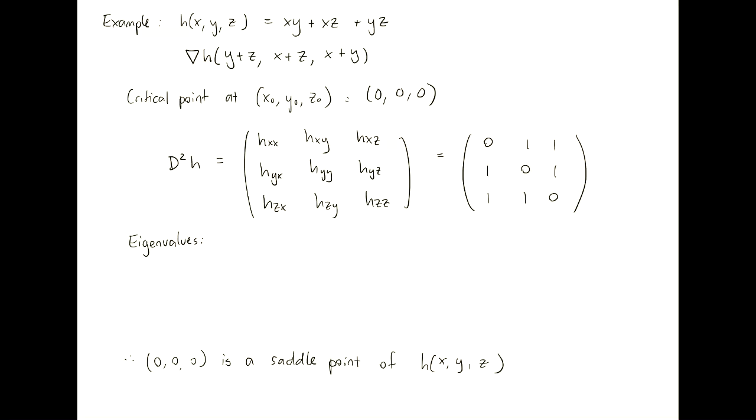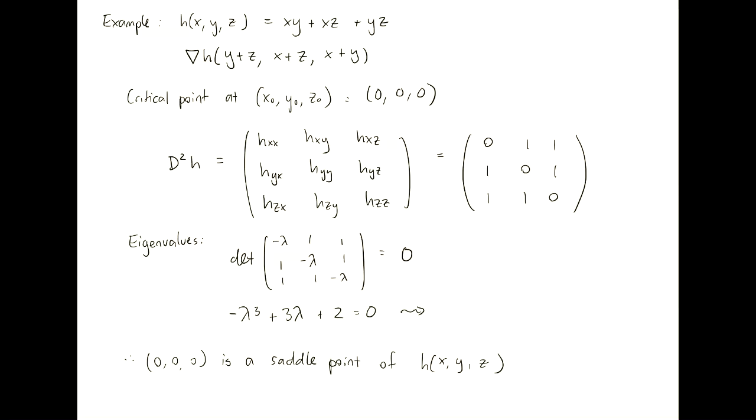And now this is just a game of finding the eigenvalues. So the eigenvalues, for those who might have forgotten how we calculate this when our matrix is not diagonal: the determinant of the matrix with minus lambda, 1, 1, 1, minus lambda, 1, 1, 1, minus lambda is equal to 0, which if you expand it out gives me minus lambda cubed plus 3 lambda plus 2 equals 0.